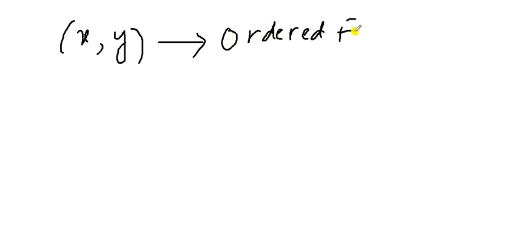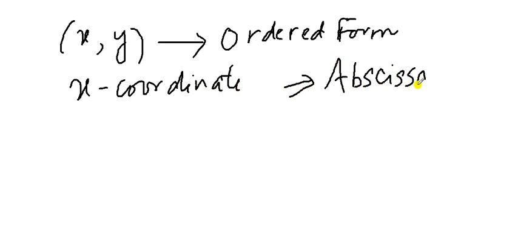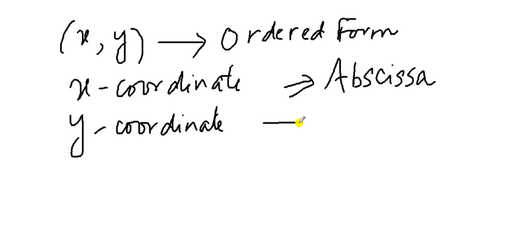Now, any point's x coordinate is called the abscissa, and the y coordinate is called the ordinate. These are all just small tips, basics of the Cartesian plane.